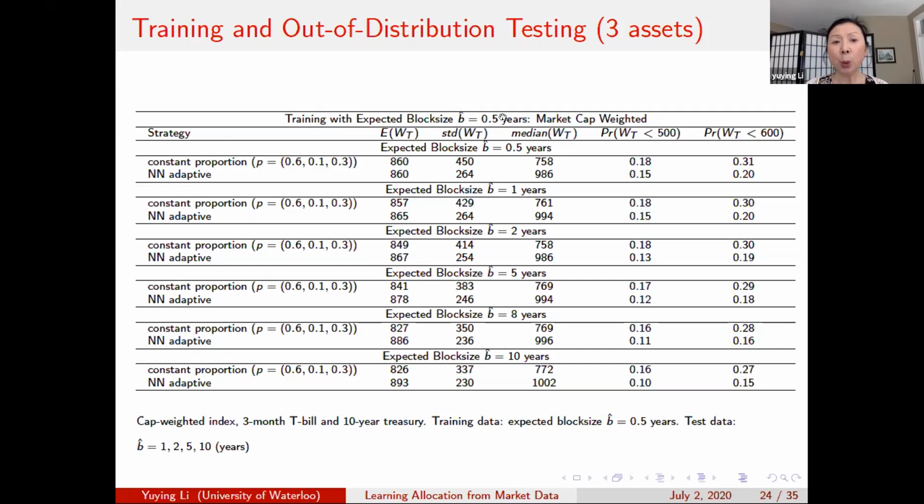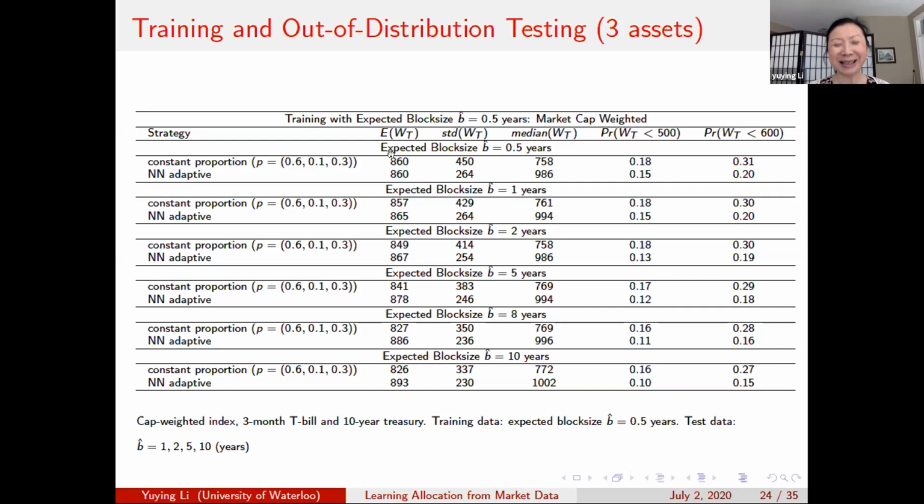And then here, the first top panel reports the performance of our training with the expected block size of half a year, right? And compared to the constant proportion strategy.